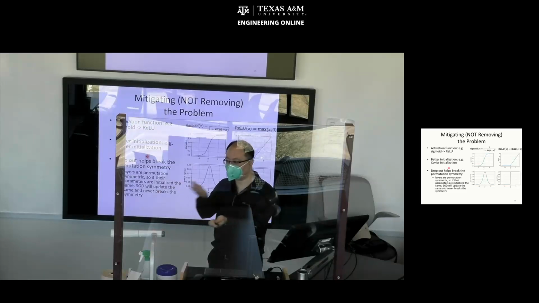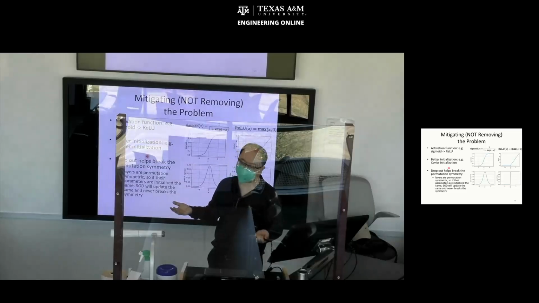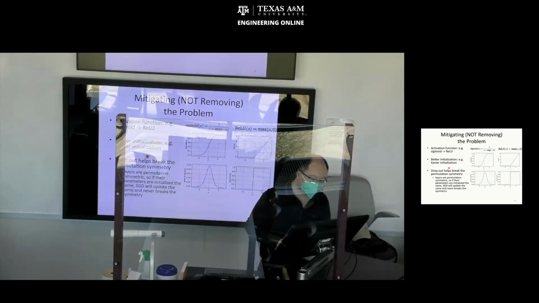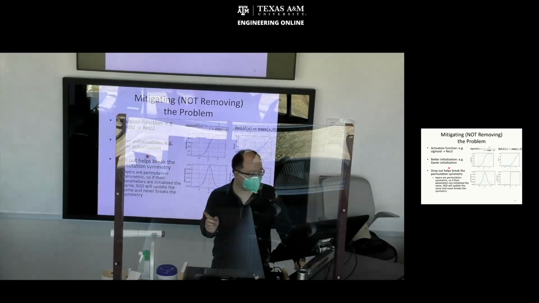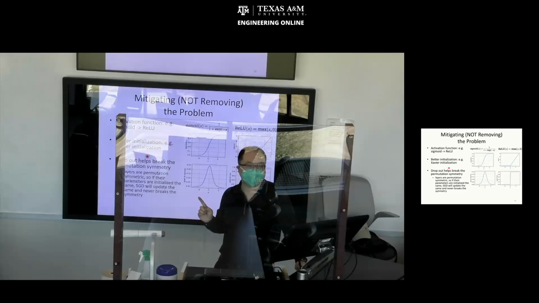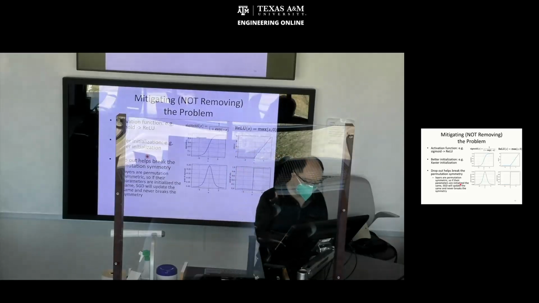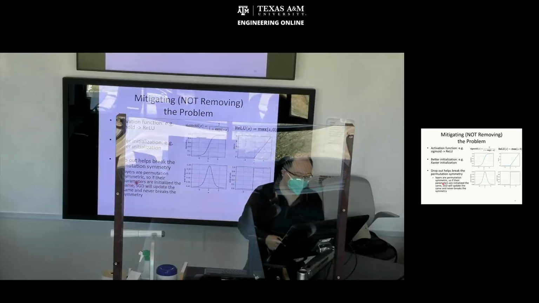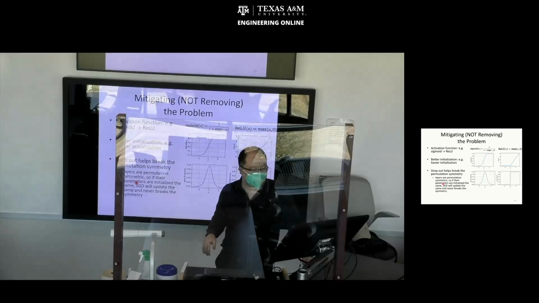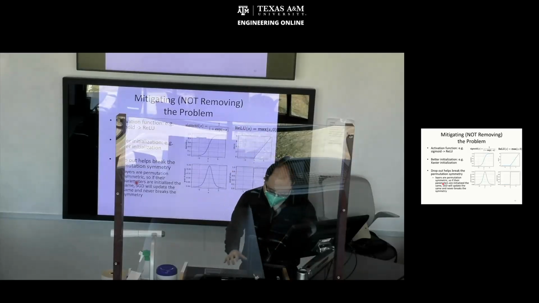Then you will not see these two layers being exactly the same anymore. Do you get what I mean by permutation symmetry? Especially when you initialize all the parameters the same. So these are the ways you can mitigate the vanishing gradient or the exploding gradient issue, okay?